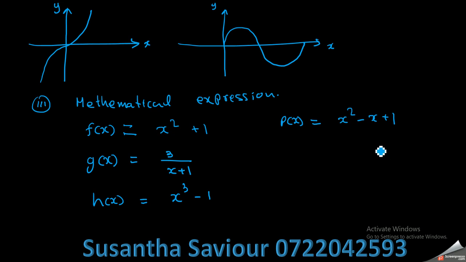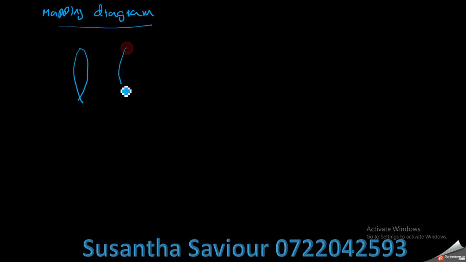There's one more which is very important to understand, and this will give you a very clear-cut picture of the concept. We'll go to that also. That is the mapping diagram, right? So what are mapping diagrams? We can take two circles, even two squares, I don't mind.